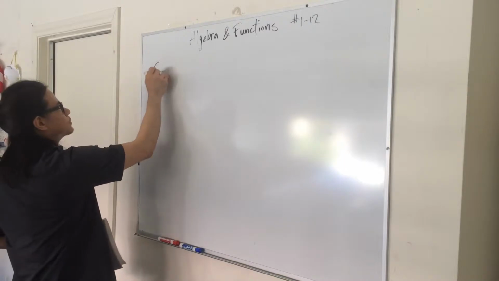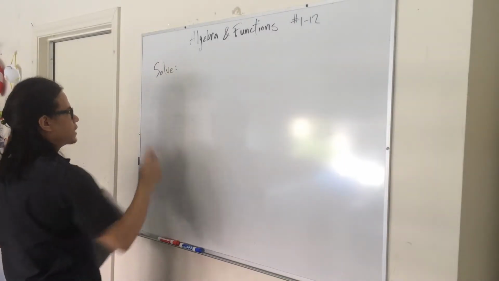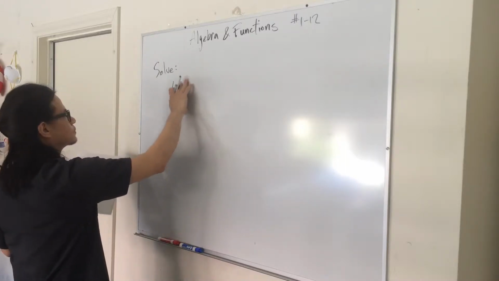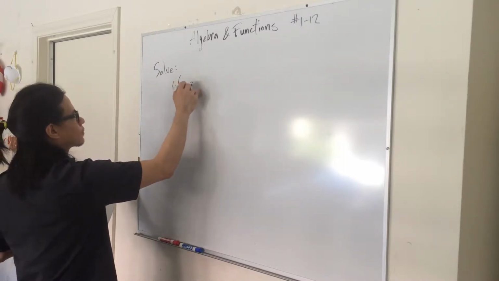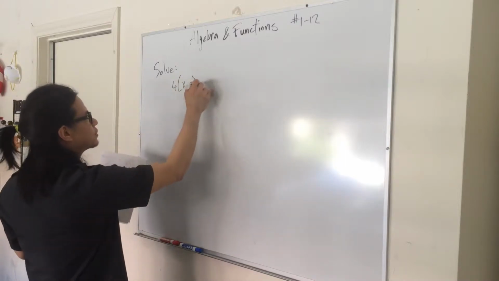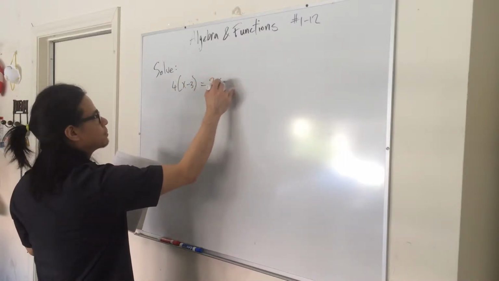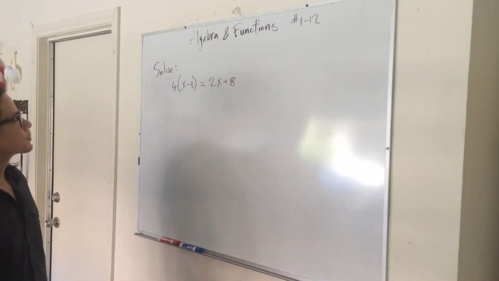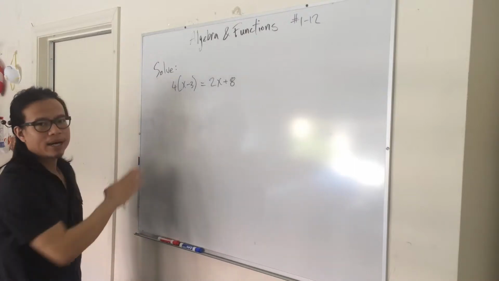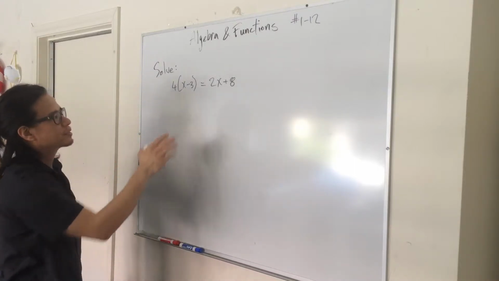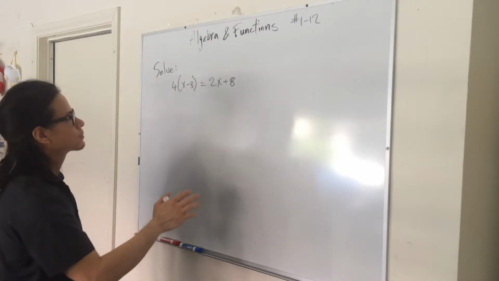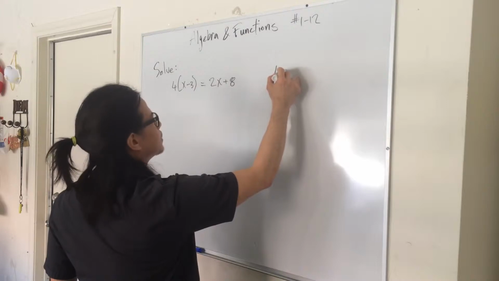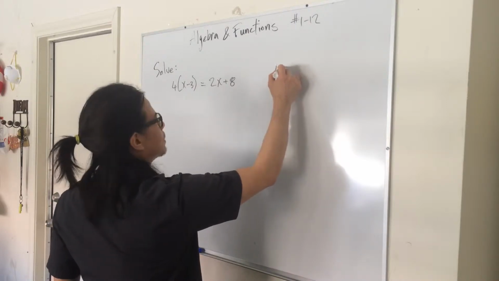So solve this equation: 4 times (x minus 3) is equal to 2x plus 8. Again, keep in mind that your goal is to isolate x. You want to get x by itself, and at the same time apply that distribution property to what you're about to do.